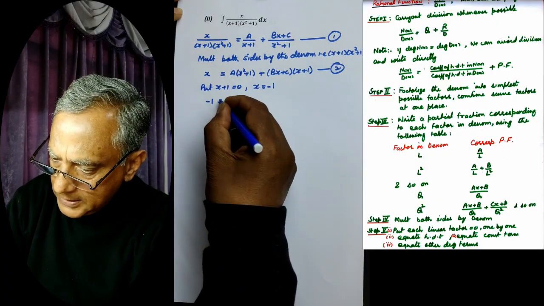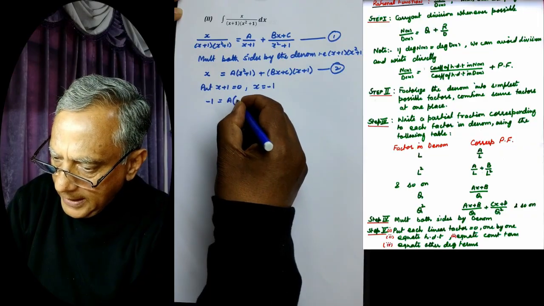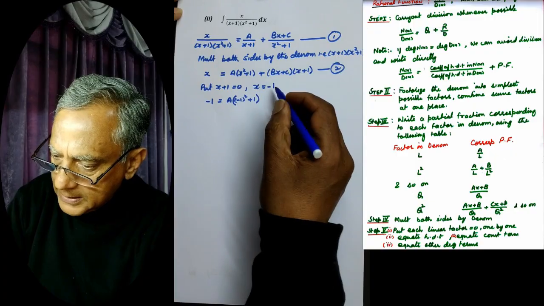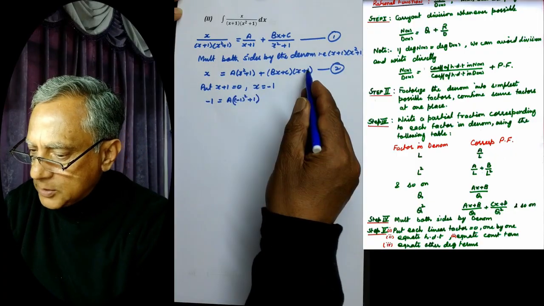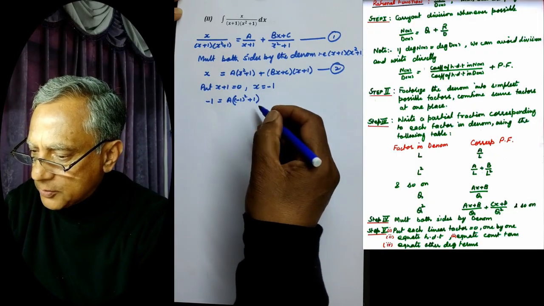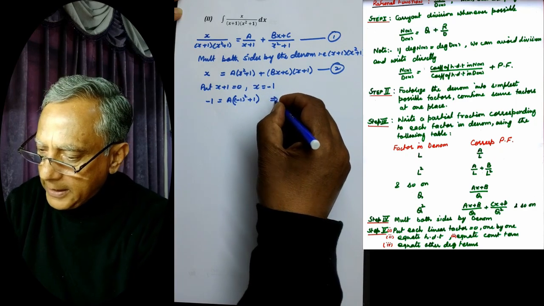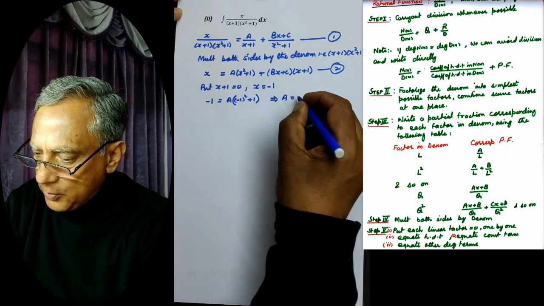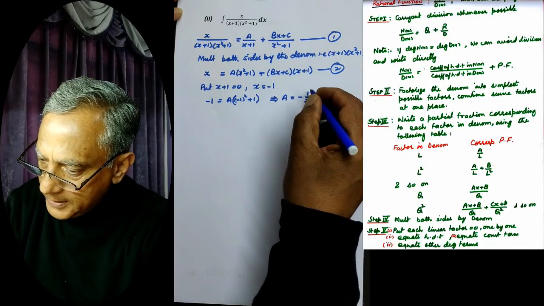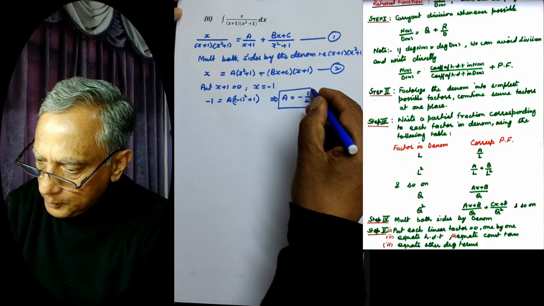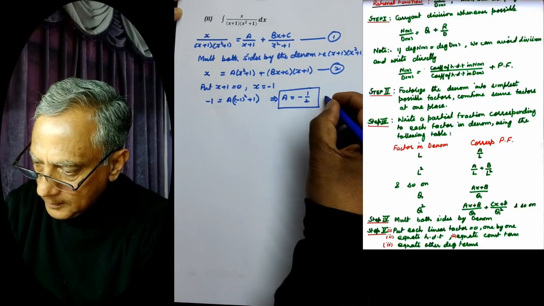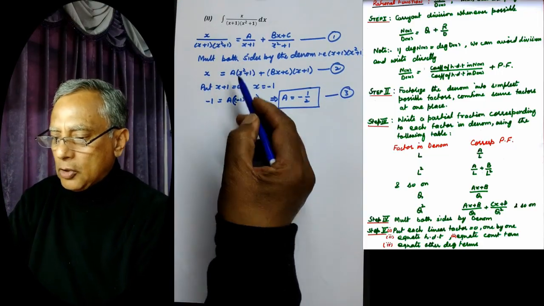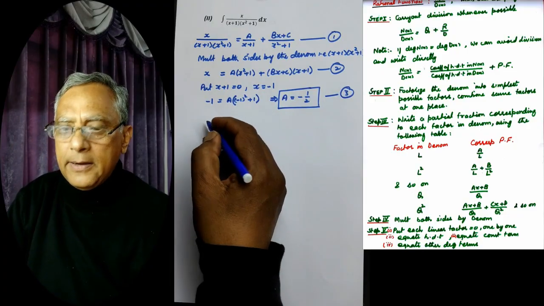We will get minus 1 is equal to a into minus 1 whole square plus 1, and this will be x plus 1 is 0, therefore this will be 0. And we will get the value of a. So a will be equal to, this is 1 plus 1, 2, so a will be minus 1 by 2. Say this as 3.